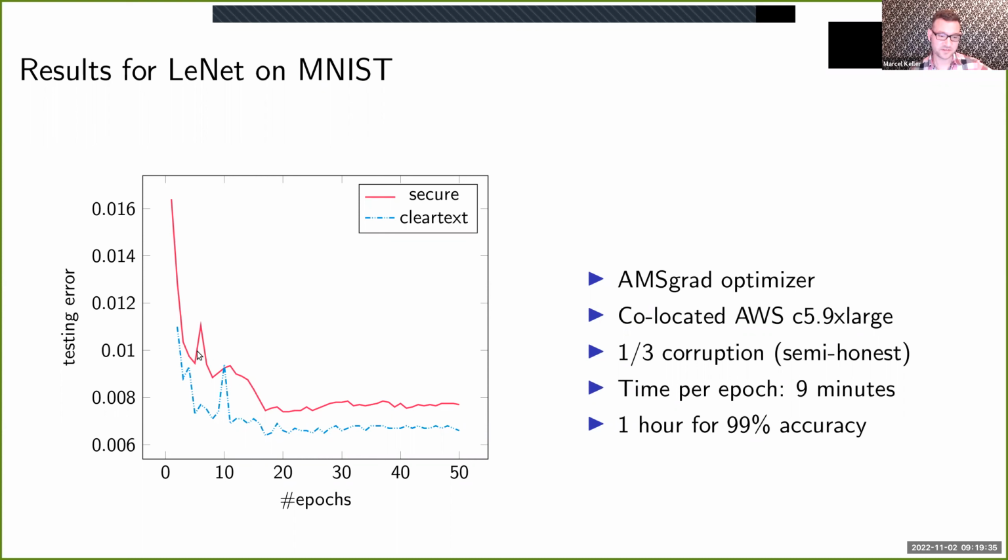That's reached around 5 epochs, I think. If you want to go to the end, it's a few hours. Again, these running times are in a favorable communication setting and a favorable security model, which is 1 semi-honest corruption out of 3 parties.